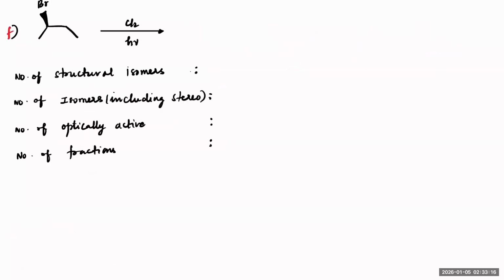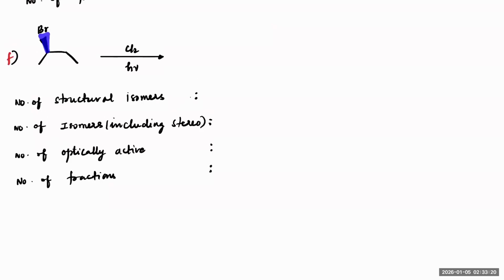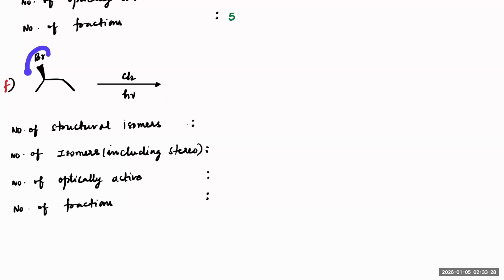Next, check out F. We have bromine here. Okay. And now I'm doing chlorination on it. This time, bromine already has a fixed configuration. Imagine I told you that the chiral center is R configured already.